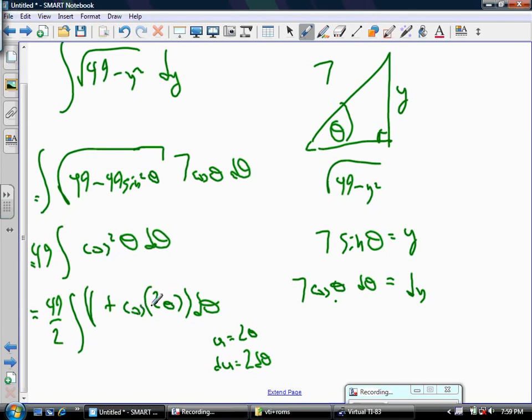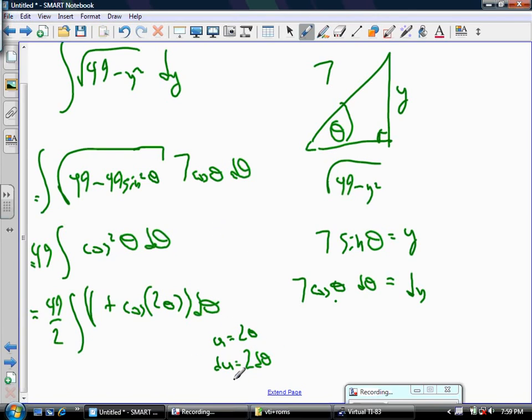The derivative of cosine is negative sine, so the antiderivative of cosine is just sine. So the antiderivative of cosine u du over 2 is sine of u over 2.